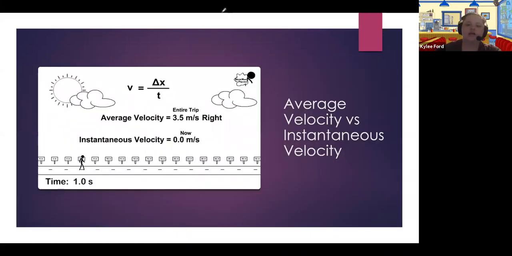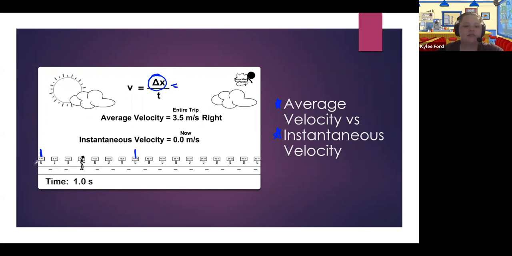Now here is the difference between average velocity, like we were looking at a minute ago, and instantaneous velocity. Our average velocity is going to be taken over a few different points. So if we start here at 0 meters and he ends at 14 meters, our average is going to be that displacement over time.